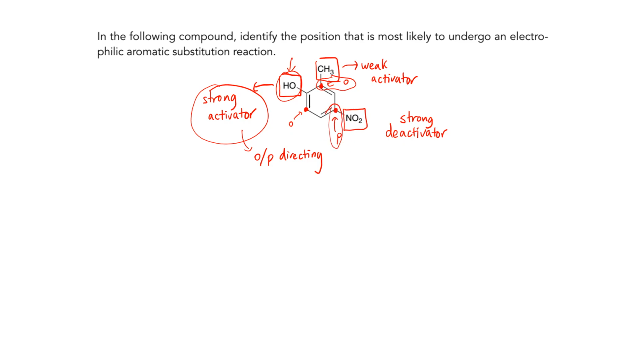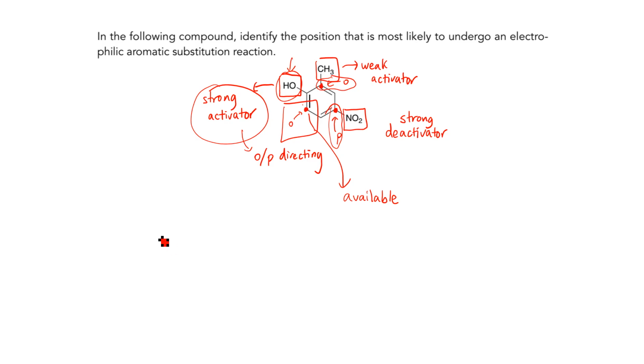The only position that isn't occupied yet and available for substitution, for putting something on the ring, is this ortho position right over here. So this is available. So that position right over there is available for functionalization. So that's the position that's most likely going to undergo electrophilic aromatic substitution.